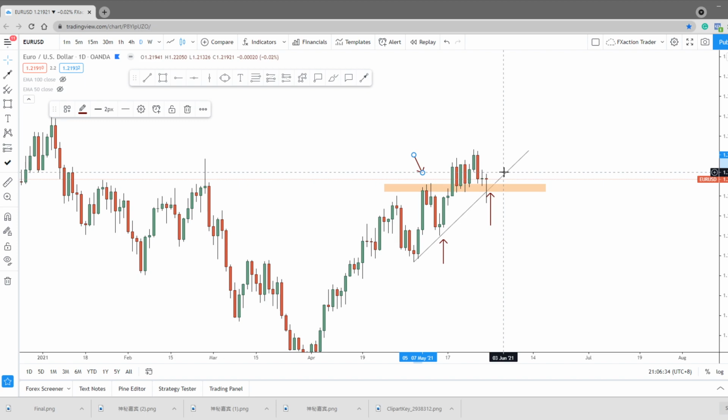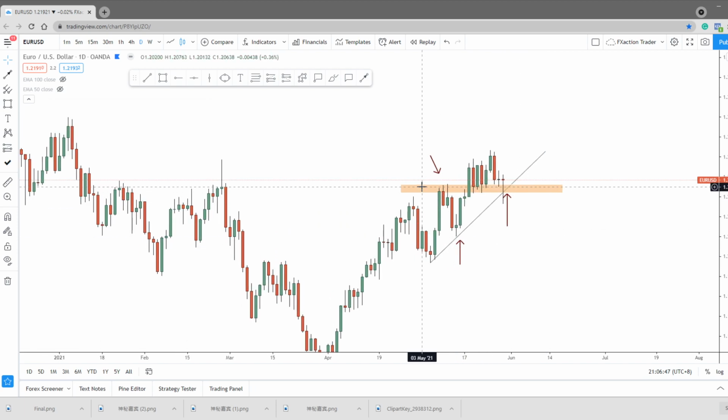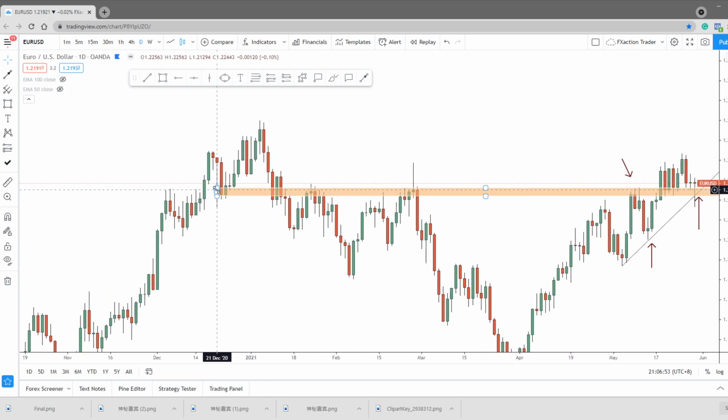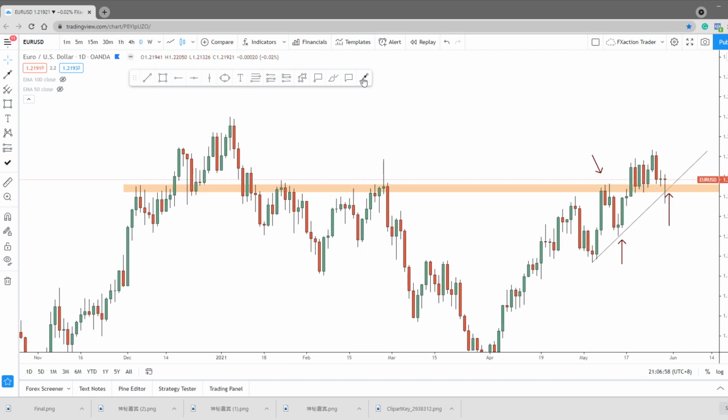So in this case, we are going to focus on the buy signal, and we should ignore this bearish engulfing candle as this is a counter trend trade. Furthermore, if we pull all the way to the left, we can see that this was also previously a very strong key level, which has been a resistance level, a support level, and then a resistance level.